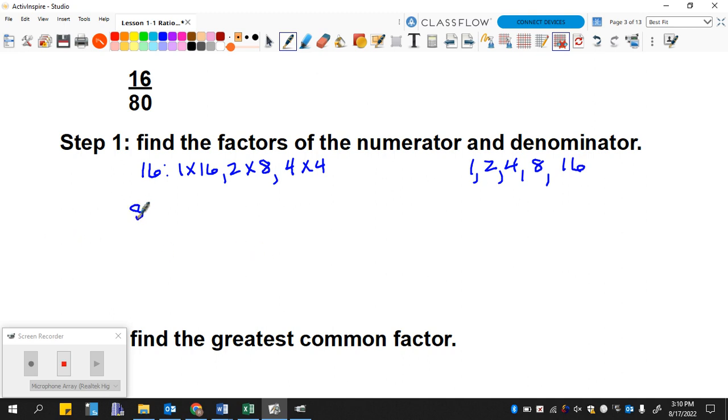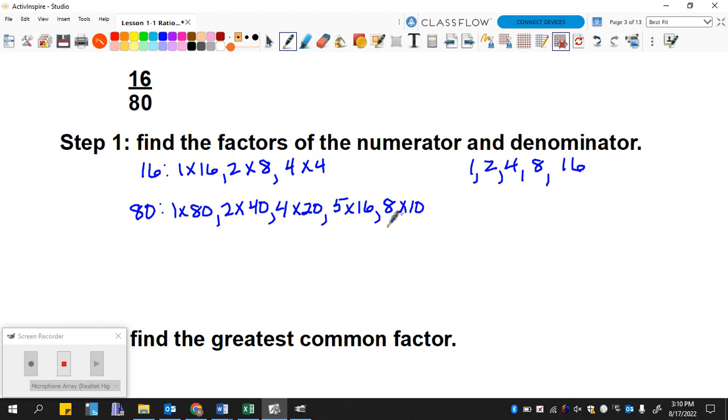Okay, 80. We have 1 times 80, 2 times 40, 3 doesn't go into 80, 4 times 20, 5 times 16, 6 doesn't go in there, 7 doesn't go in there, 8 times 10, and 9 doesn't go in there. We've already been at 10.